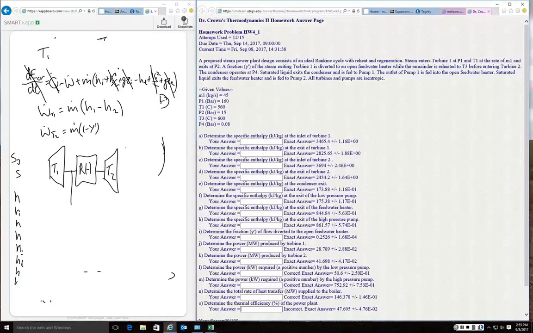So if this fraction here was y prime, what's left is 1 minus y prime. And that continues through the reheat, and through turbine 2, and then we had states 1, 2, 3, and 4. So I've got 1 minus y prime, again times our total mass flow rate, which is what's given at the inlet to turbine 1, times h inlet, which is h3 in this case, minus h4.